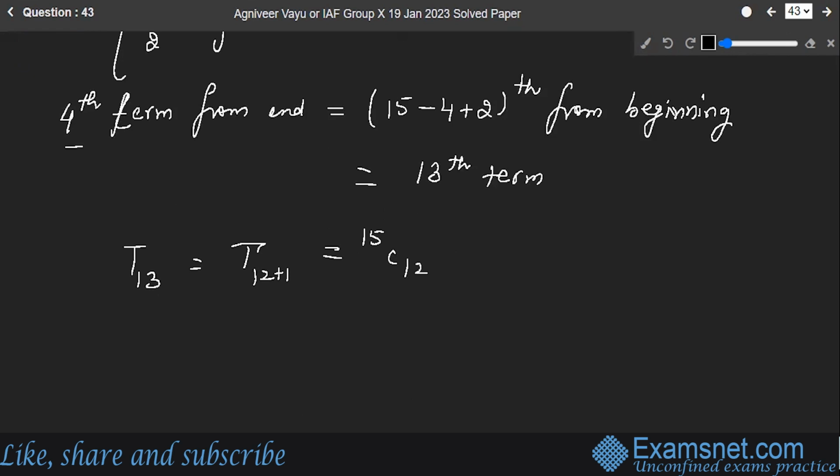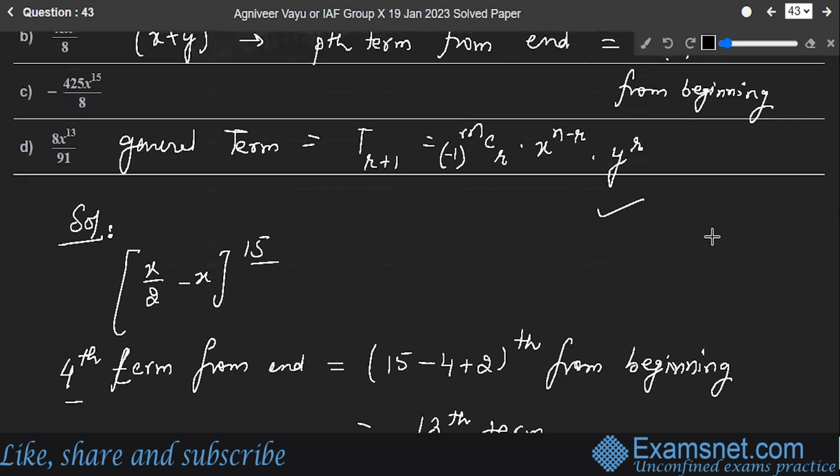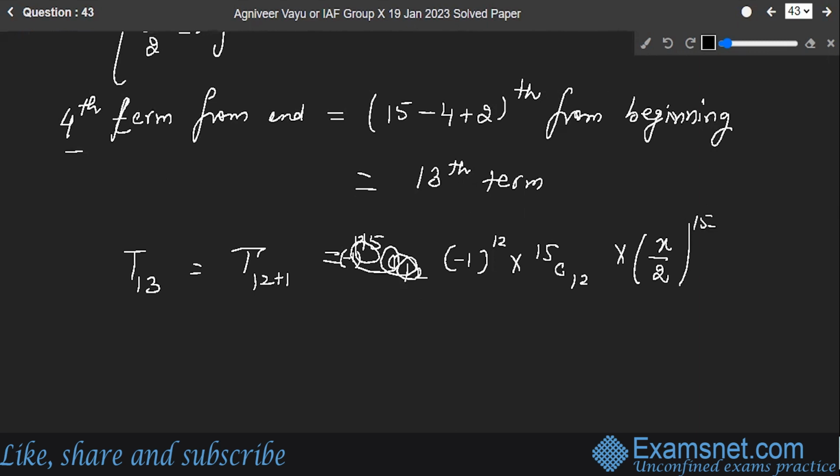So (-1)^12. I'll rewrite: (-1)^12 multiplied by 15C12, multiplied by (x/2) raised to power n - r, that is 15 - 12, into y, which is x, raised to power r.